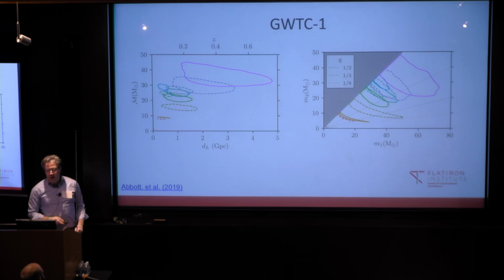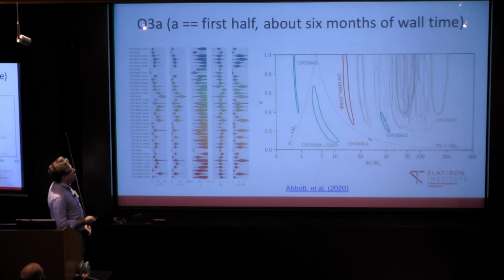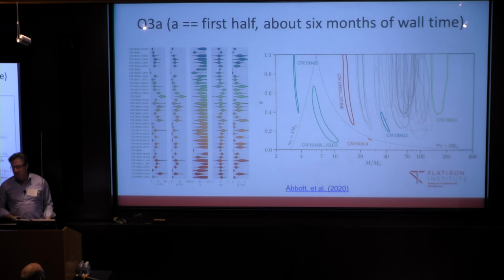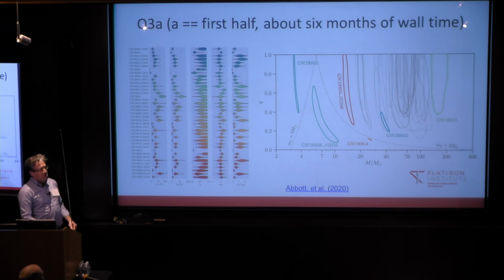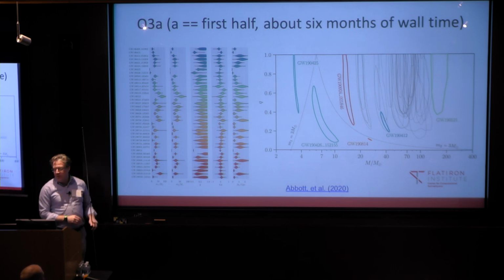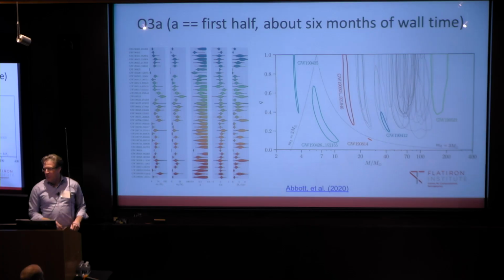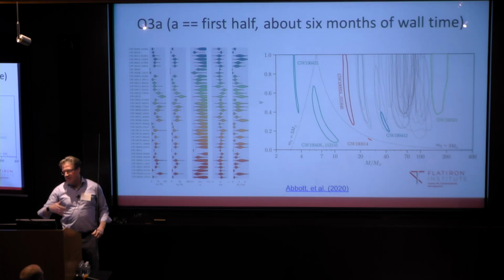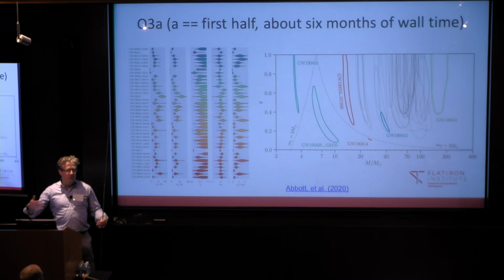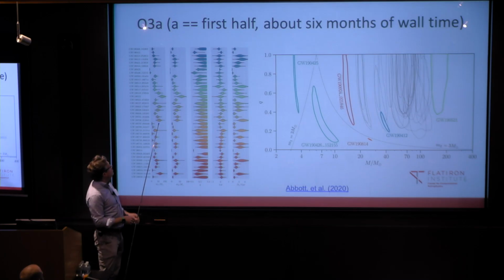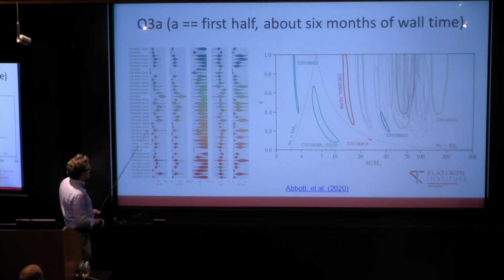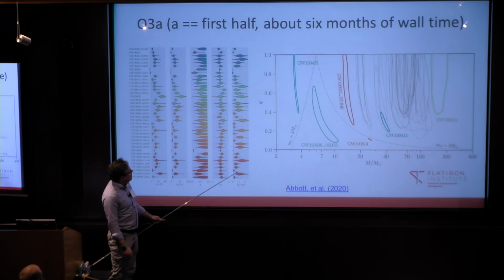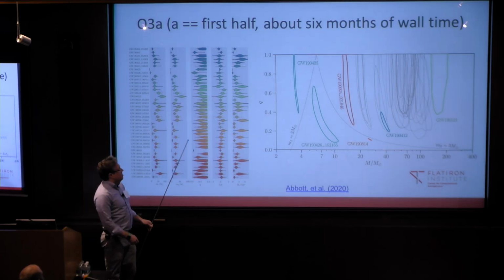So we make the interferometer a little bit better, and we get our second catalog, which is about half the total observing time and comprised 4 times the number of sources. So the detector at 8 times the sensitive volume, observed for half the total time. We got about 40 sources. This is GWTC2. Again, these are tens of solar mass objects at distances of a handful of gigaparsecs.